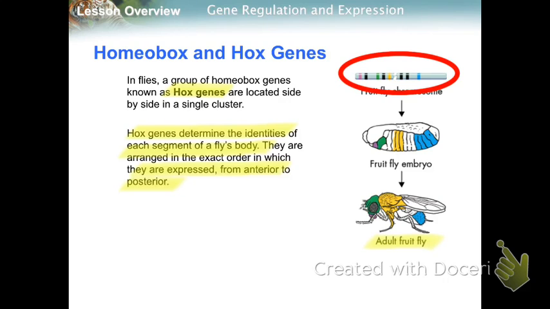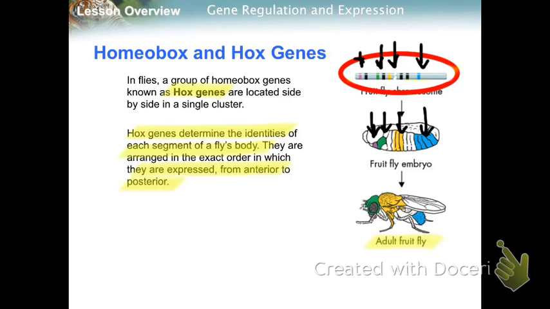So if you look at the colors on the chromosome, we go from, if I erase it, now you can't see the colors, we go purple, green, yellow, and blue. On the fruit fly embryo, purple, green, yellow, blue.